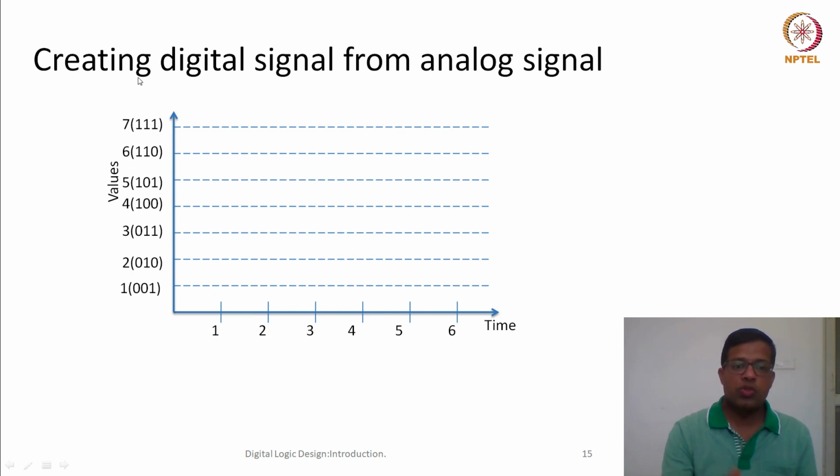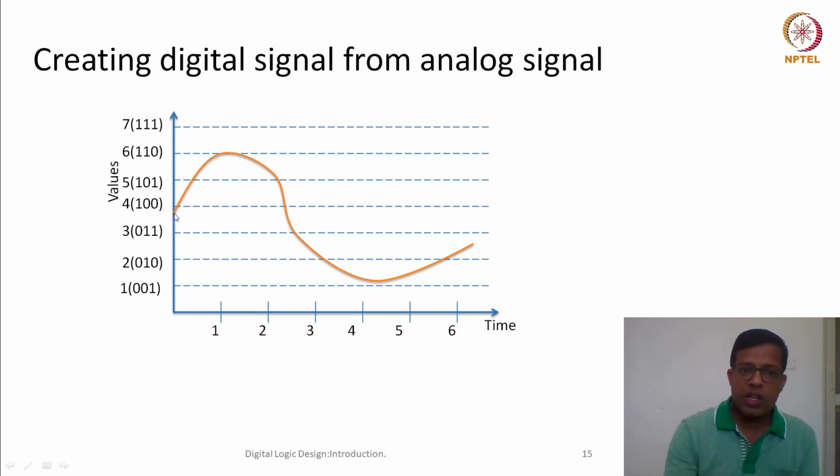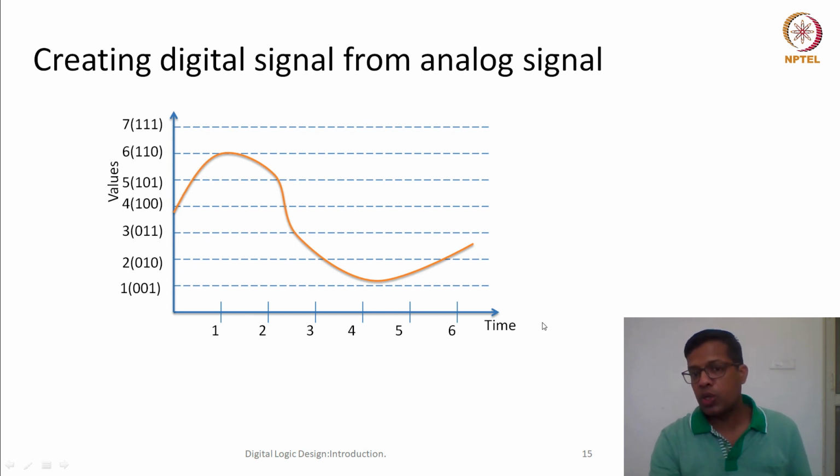Let's consider a particular signal, given in orange. This signal is continuous in value. The value is somewhere between 3 and 4 when time was 0, and it was increasing, and when time was 1 it was around 6. So it is continuously changing, both in values and with respect to time.